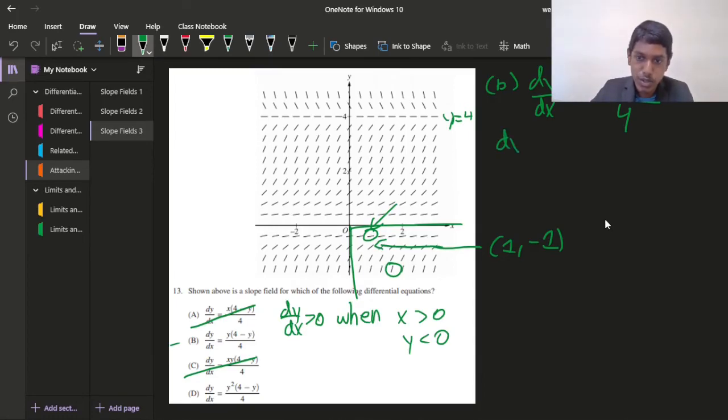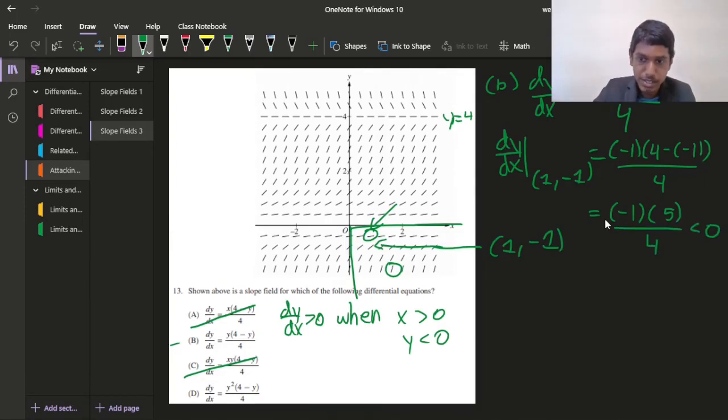So now let's try this point here for choice B. The x coordinate is kind of redundant. We're just looking at the y coordinate. So it's going to be -1, a 4 minus a -1 all over 4. Okay? And then that's going to be a 5 over 4, and that's less than 0.